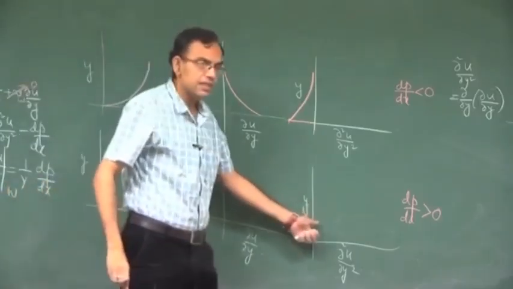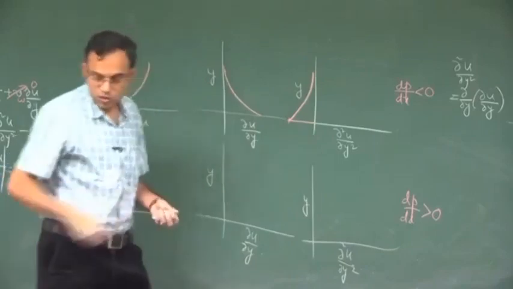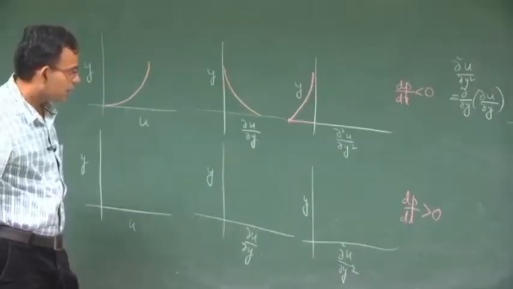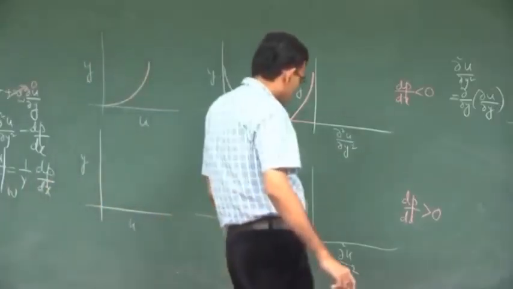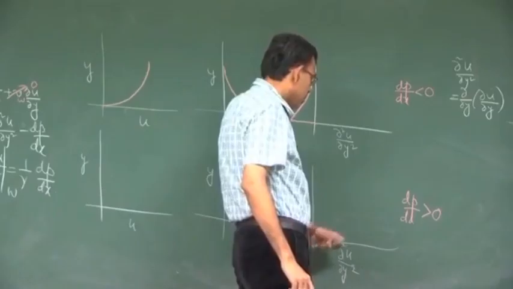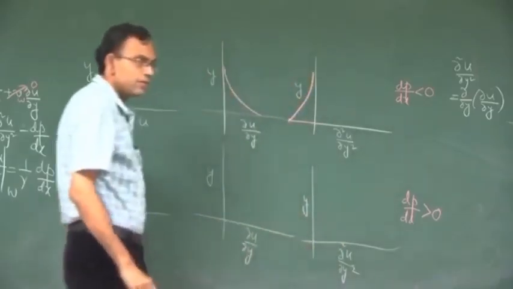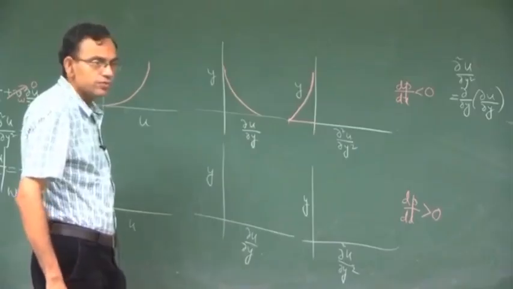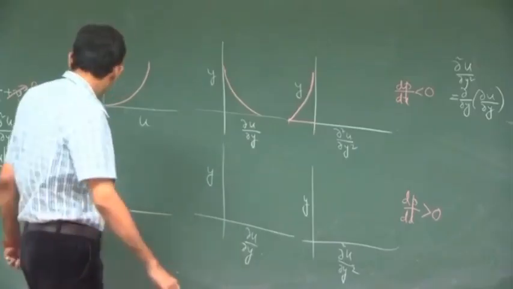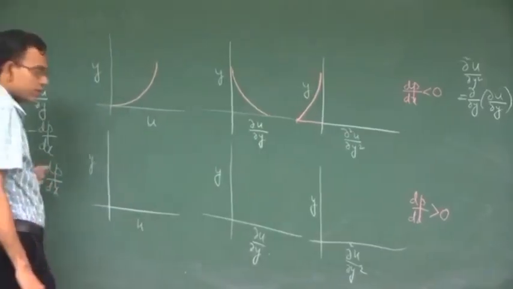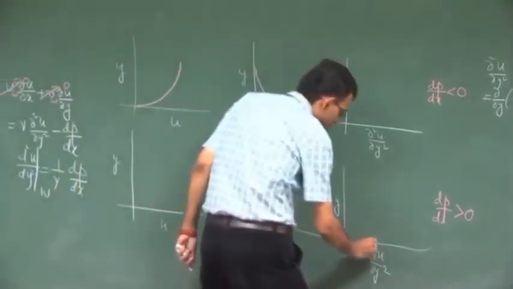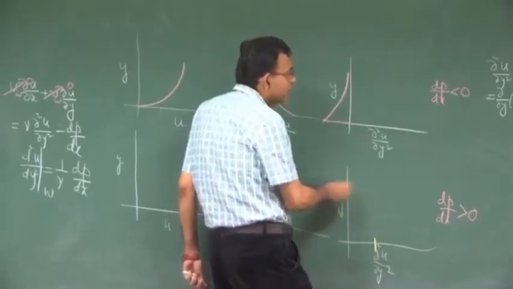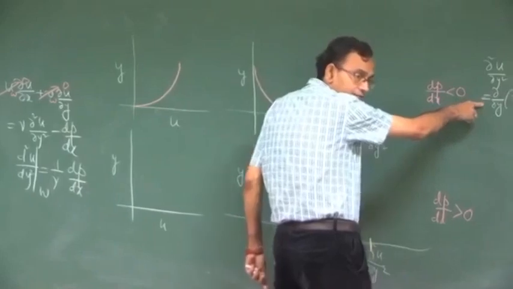More interesting case is this. At the wall, if dp dx is greater than 0, then what is d2u dy2? It is positive. Far from the wall, d2u dy2 has to be negative.